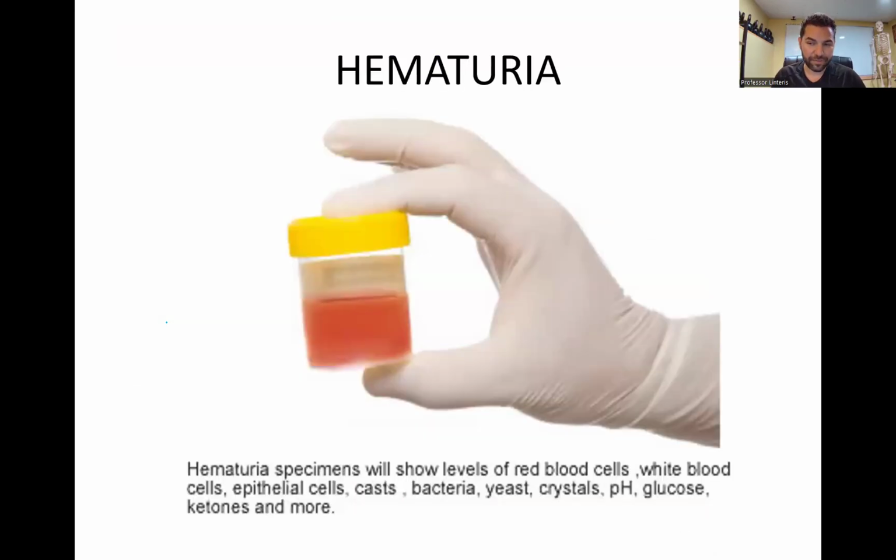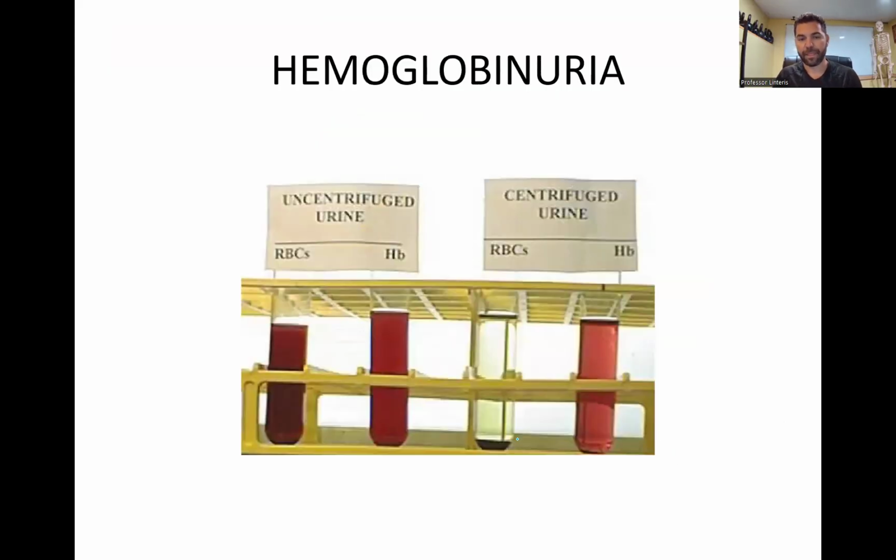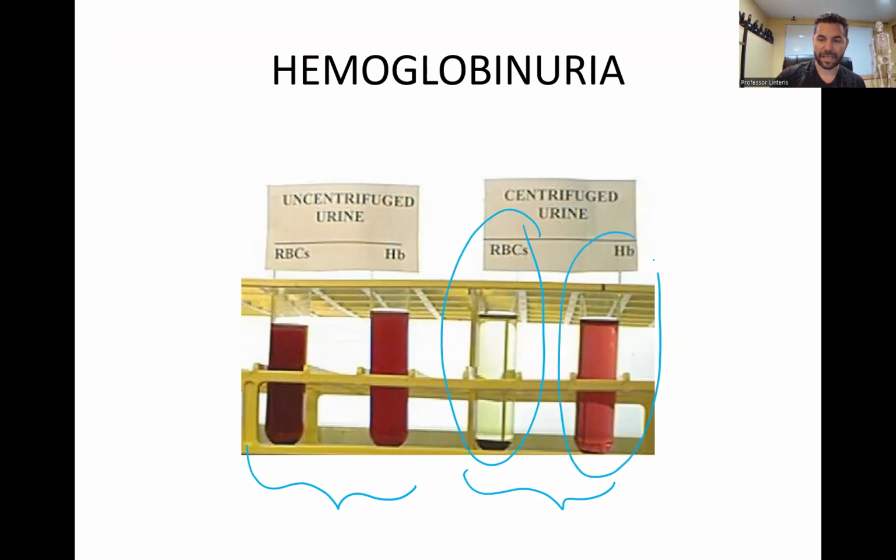This is hematuria, the presence of blood cells in the urine. And this is hemoglobinuria. So I'll show you the difference between having red blood cells versus having hemoglobin. Now, hemoglobin is the protein found within red blood cells.